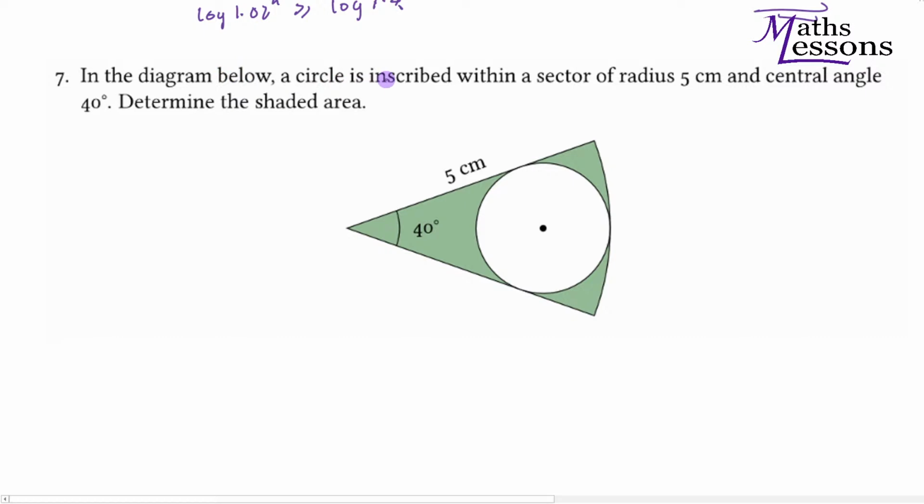In the diagram below, a circle is inscribed, that's inside, with a sector of radius 5 centimeters and central angle 40 degrees. Determine the shaded area.